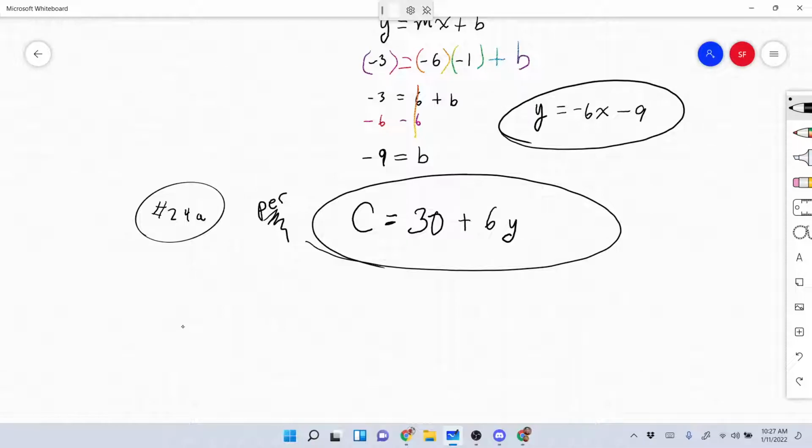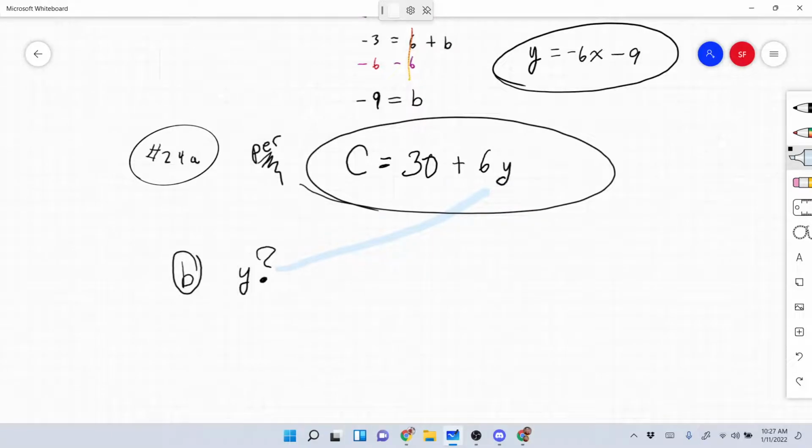Okay, so now for B, it says estimate the zoo's attendance in 2024. Okay, so we need to know what Y is for that problem, because we got to know what we're going to plug in up here, right?